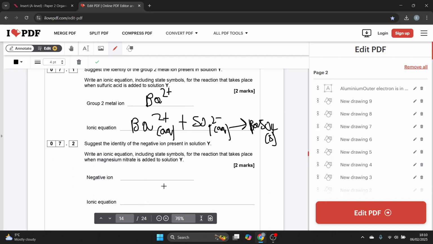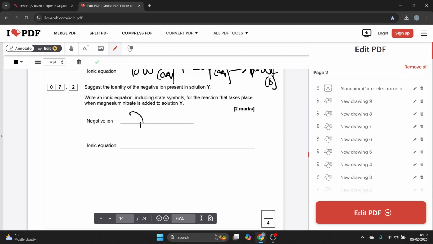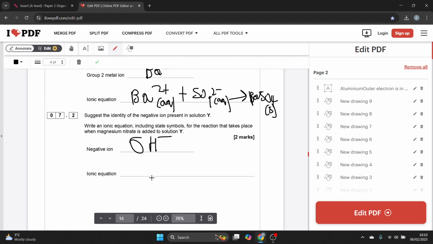Suggest the identity of the negative ion present in solution Y. One type of negative ion, it's going to be OH- when magnesium nitrate is added to solution Y. So for magnesium nitrate, the ionic equation, I only care about the ions.